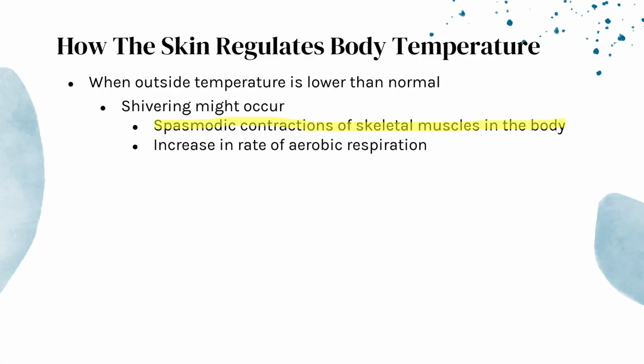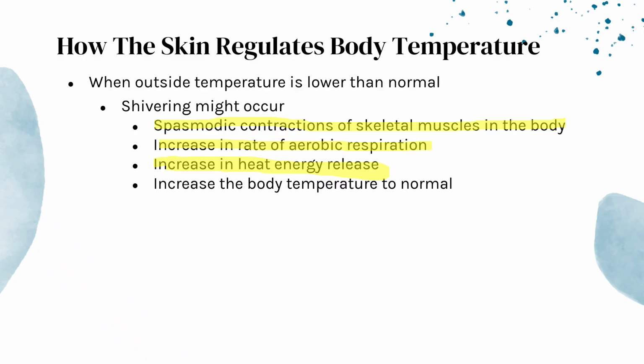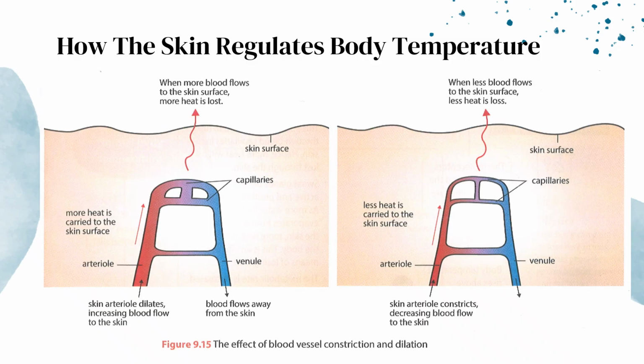This contraction of the muscles will increase the rate of respiration in the muscle cells because the muscles are contracting more than usual. Because of this increase in respiration, there will be an increase in heat. So when you shiver, it is actually a corrective mechanism to bring your body temperature up. And of course your body temperature will go back to normal because of this corrective mechanism known as shivering.